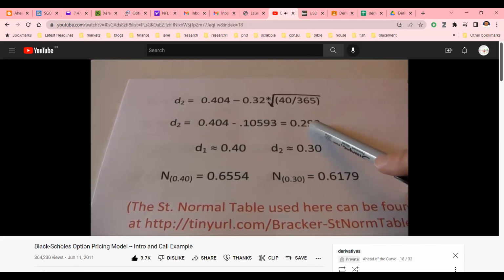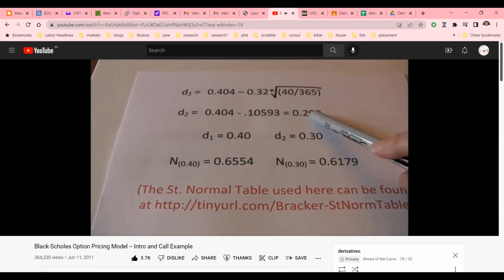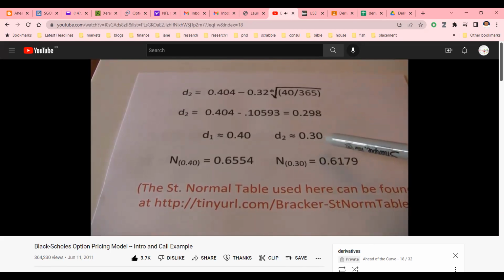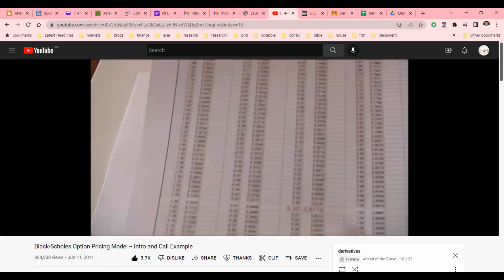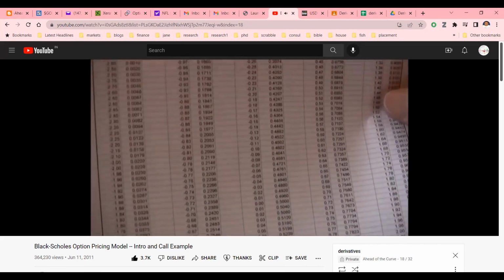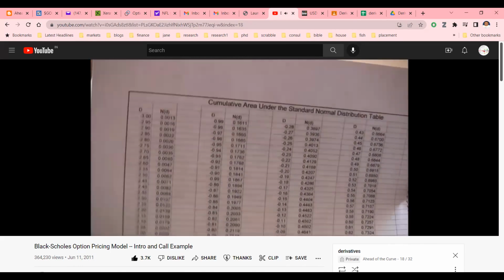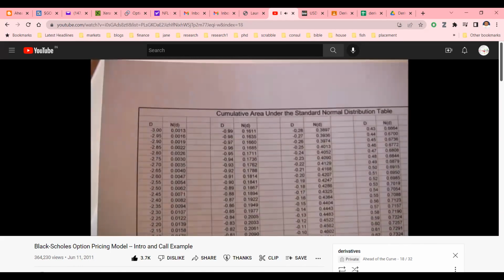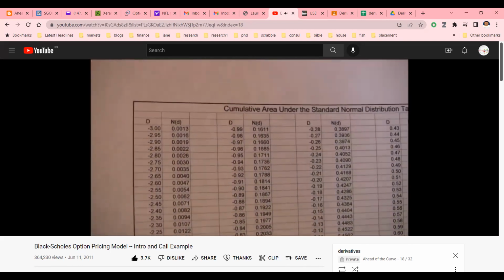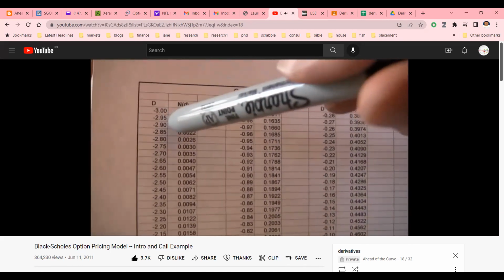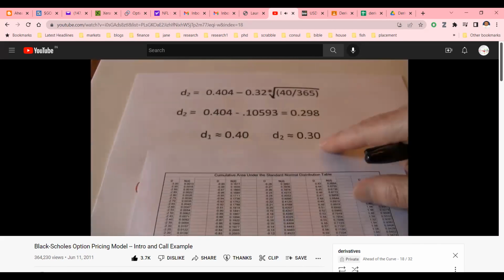And the standard normal distribution table that I've set up carries everything out to 2 decimal places. And you might have printed that out from Google Docs. You can see here what we've got. Standard normal distribution table. We've got a column of D's, a column of ND1s, and we want to find 0.40 and 0.30.